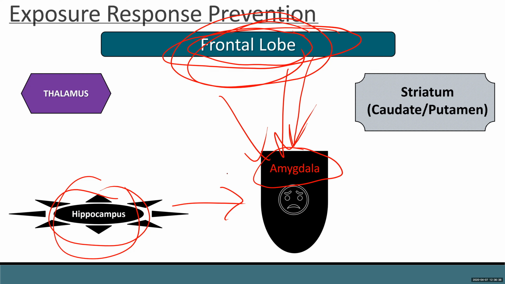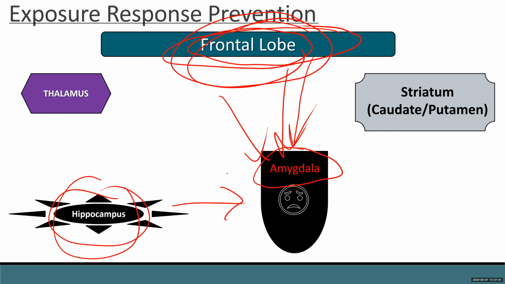And so that's why we do exposure response prevention. We put ourselves in a very anxiety-provoking situation, and we don't respond with the compulsions or any of the behaviors that we use to avoid that anxiety. And we realize, hey, things are okay. This is very difficult.